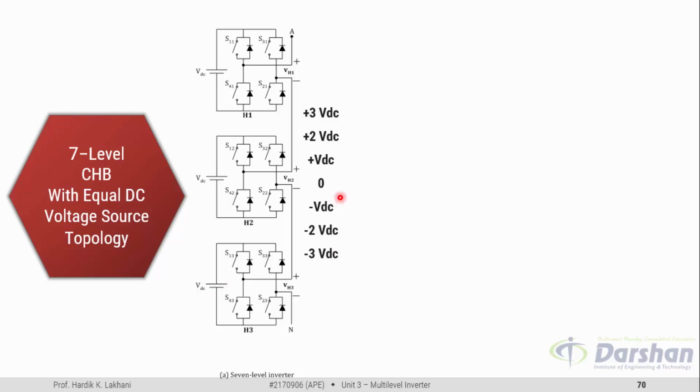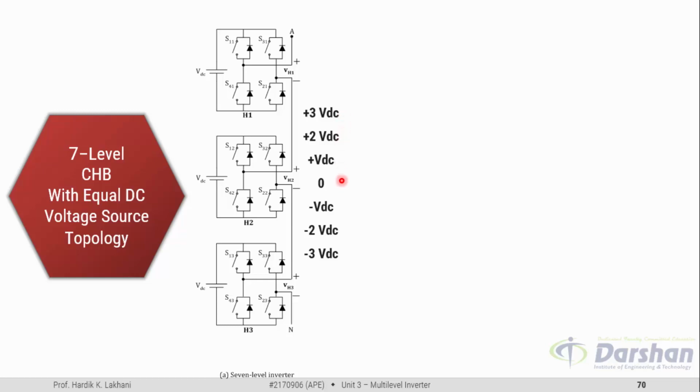So the first level is 0, next is plus VDC, next is 2 VDC, then 3 VDC. At this point of time, we have reached the maximum value. Thereafter, to synthesize the sinusoidal signal, we have to reduce the magnitude gradually from the maximum value towards the minimum value.